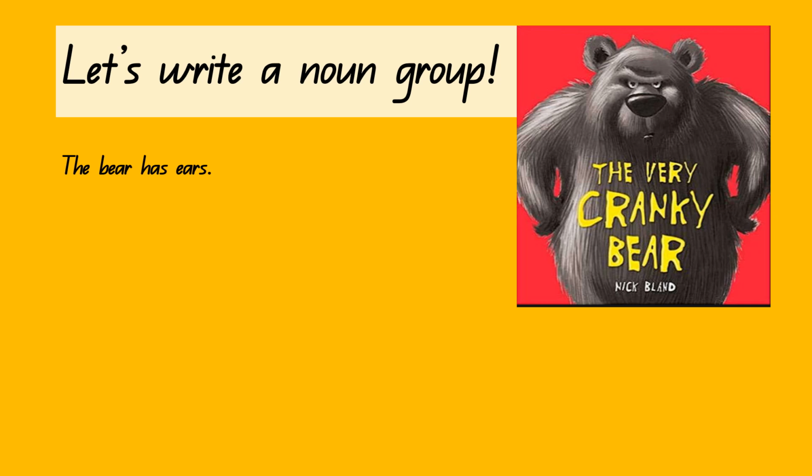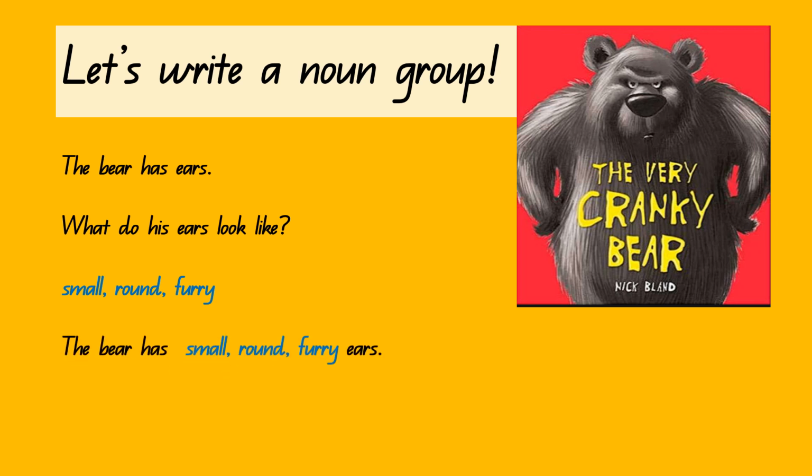So how could we describe the Very Cranky Bear's ears? Well, I thought, what do his ears look like? I thought they were small, they were round, and they were furry.